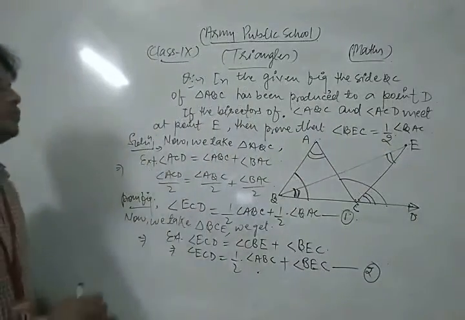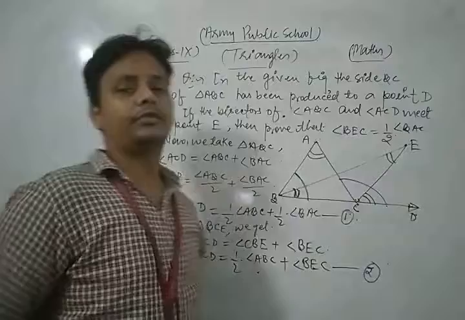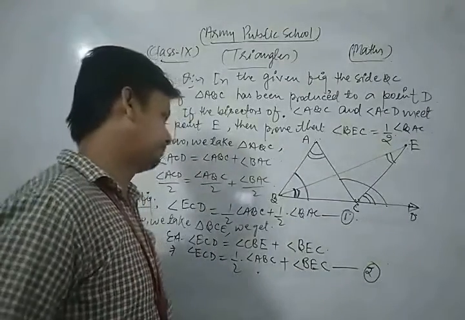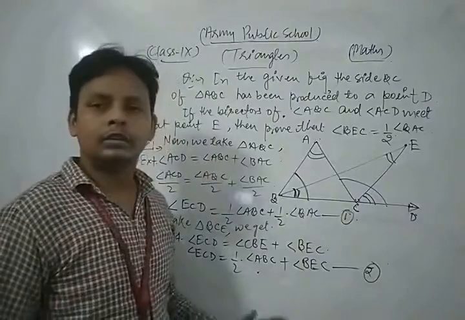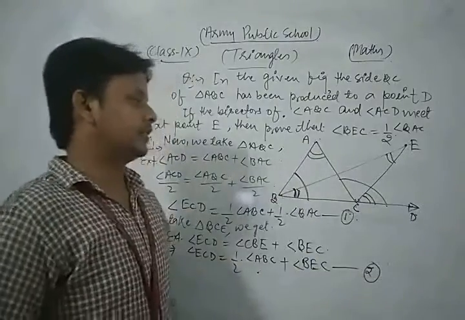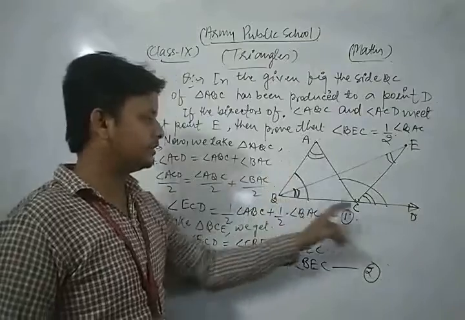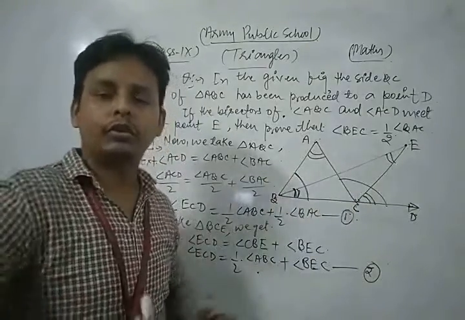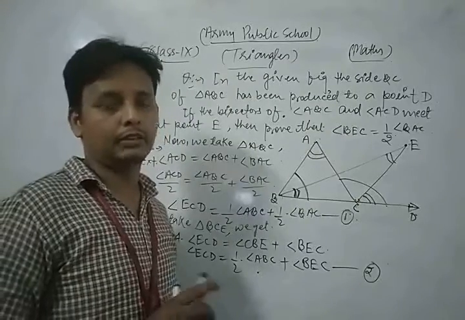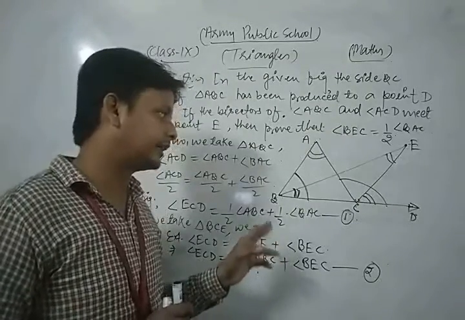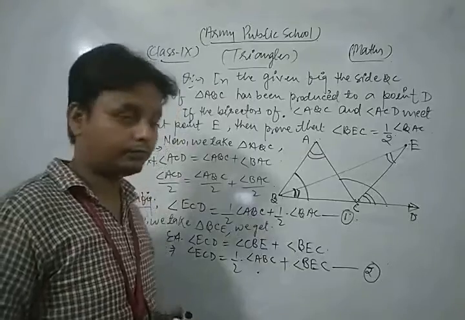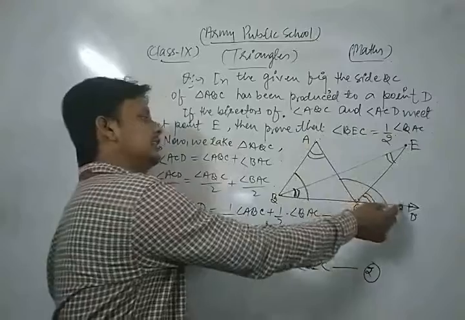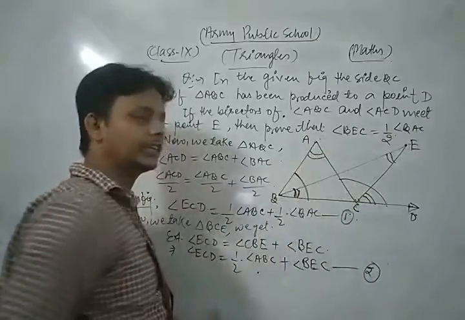So, dear students, let's see once more. This is a very important question of your syllabus. First of all, we take triangle ABC with its side BC produced to D. For that triangle we apply the exterior angle property, according to which angle ACD is equal to the sum of its two opposite interior angles.